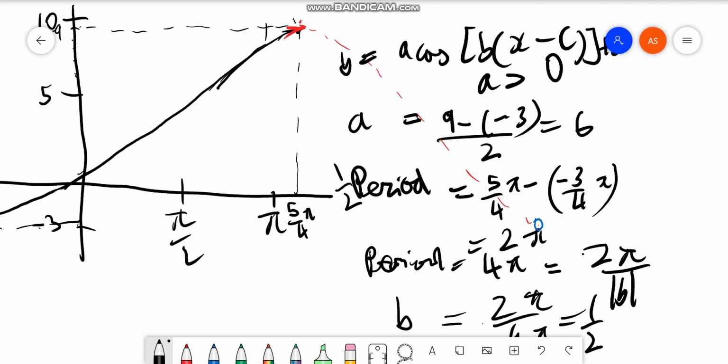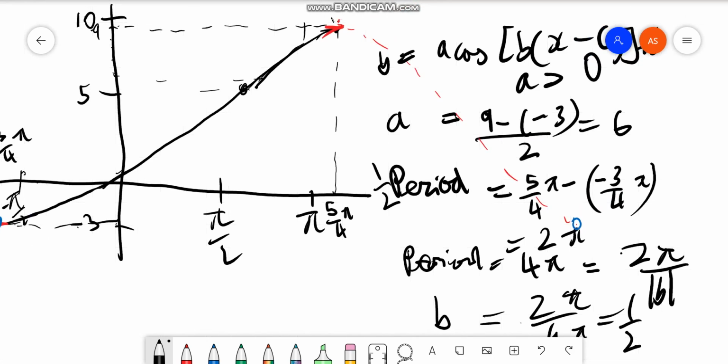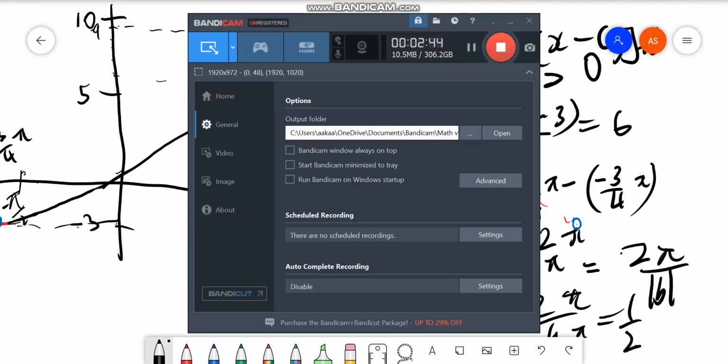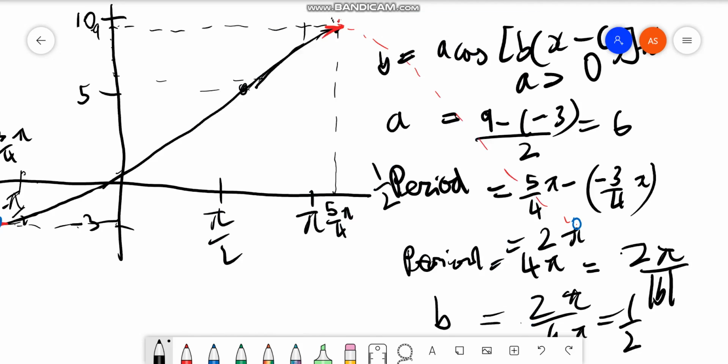The midpoint is 6 from the minimum, so 6 plus minus 3, which is 3.